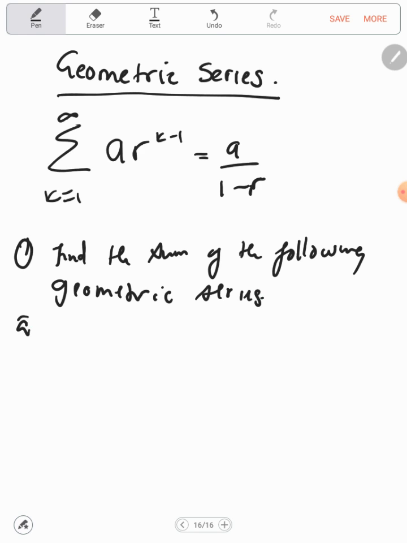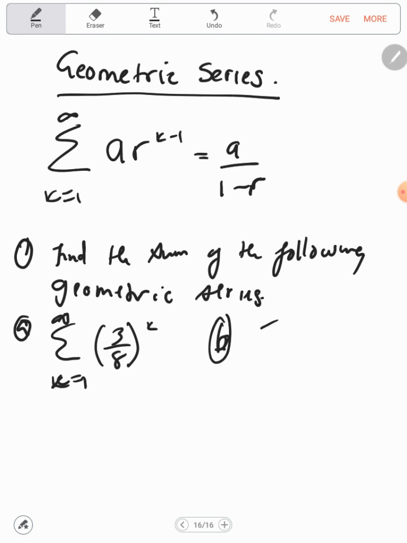We have the first one, the sum of (3/8)^k, k equals 1 to infinity. Then the second one, we have the sum of (-1)^k times (2/5)^(k-9).